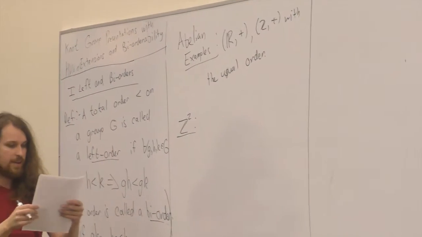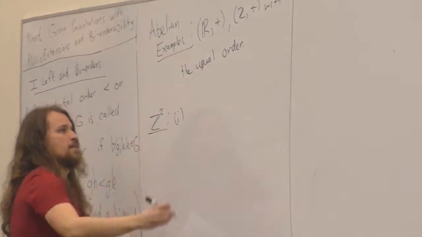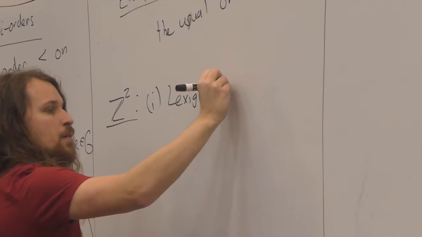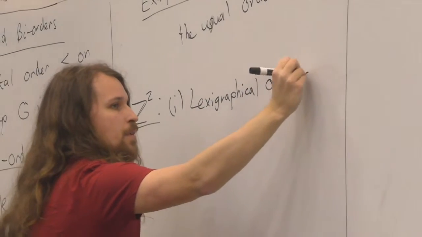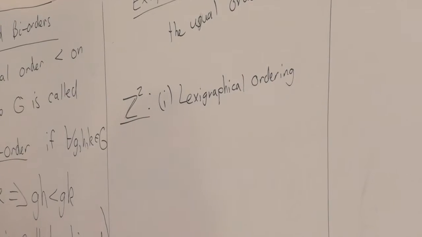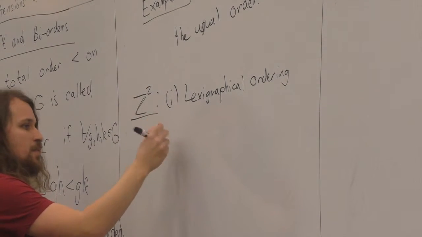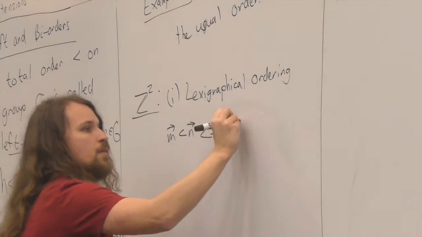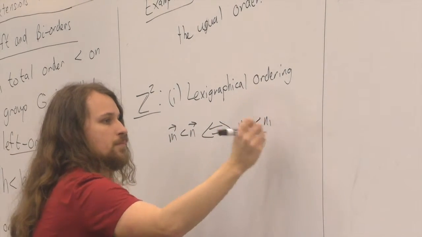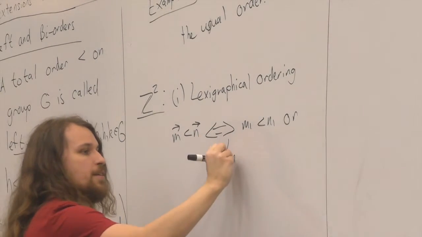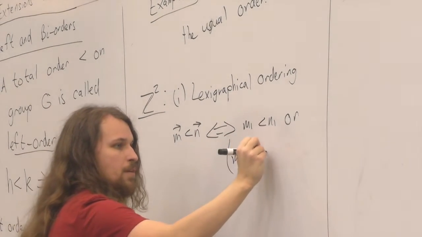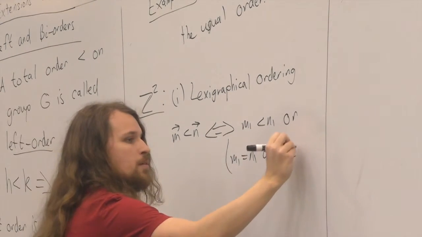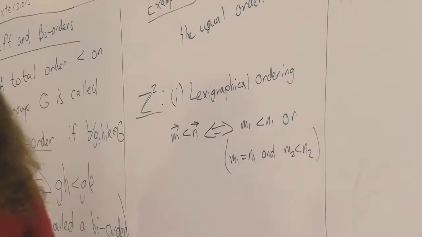So let's look at Z squared here. So an example is your standard lex ordering, right? Compare your first coordinates.